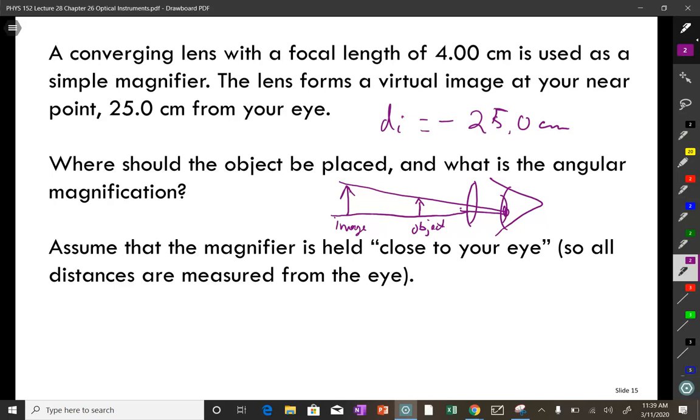Because magnification is distance over distance, as long as they're the same units, you get the right answer. Your image distance is minus 25, so minus n over minus 25 is plus 1.